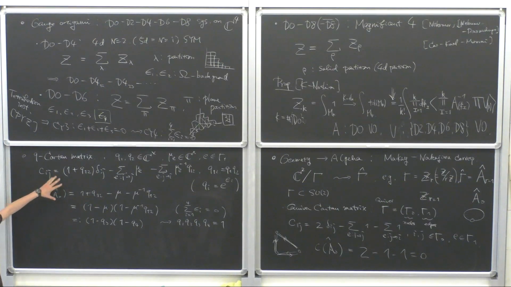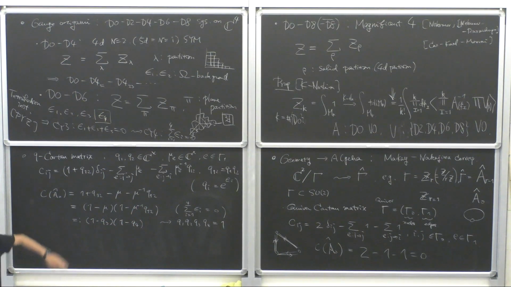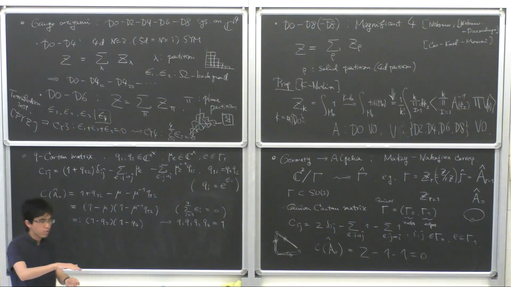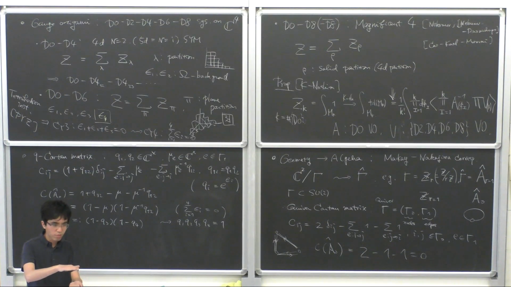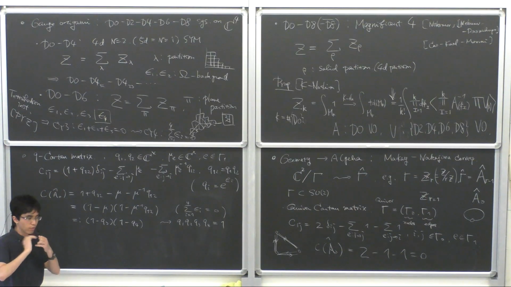If you want, for example, to engineer this quiver gauge theory in the context of the C4 plane, just put D4 branes. Of course, the corresponding gauge theory is N equals 4, a 16 supercharge gauge theory. But if you insert flux in a transversal direction, the R symmetry is broken to SU(2).